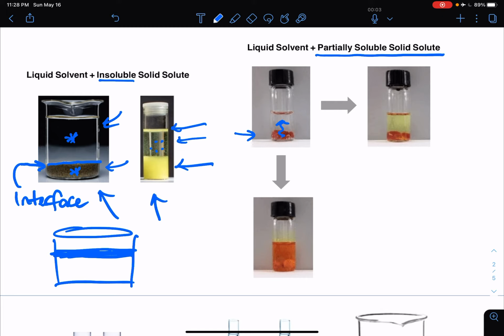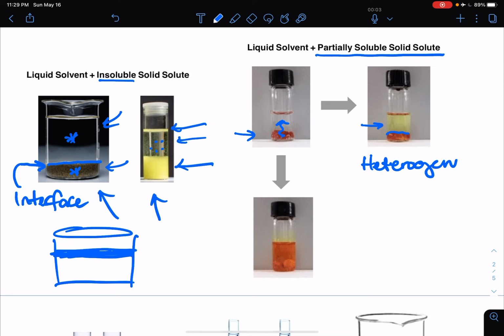What you'll see is if you have a clear colorless solvent, that it'll take on a little bit of the color of that solute at the bottom there. But you can see that we still have the interface there. We still have that boundary that you can see with your eyeballs where one substance ends and the other substance begins.